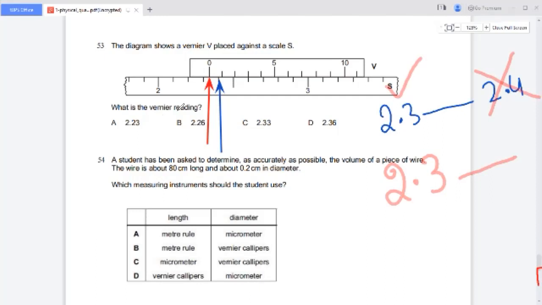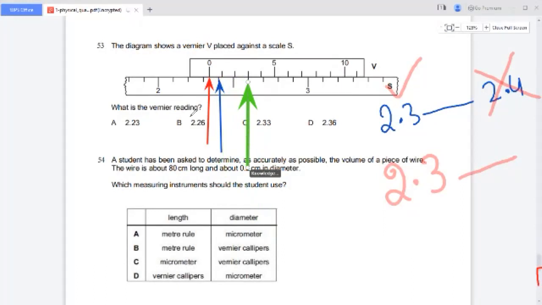Now we consider the matching line, the main scale and vernier scale matching line. See, these two lines, the line of the scale and the vernier scale, are both matching.